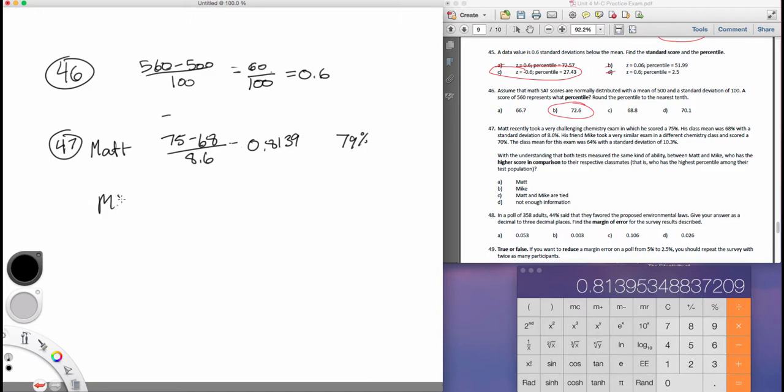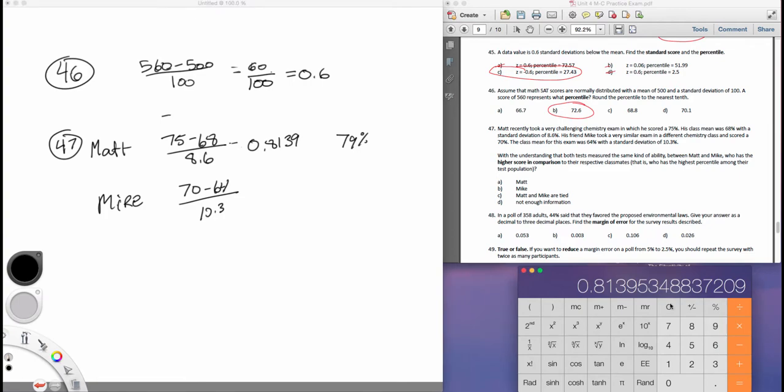All right, let's go calculate Mike. So Mike had a 70, the mean in his class was a 64, and the standard deviation was 10.3.